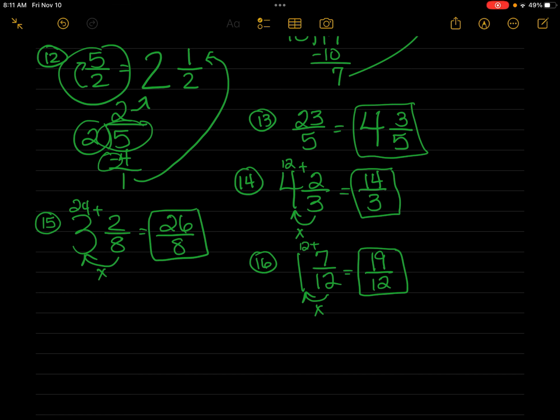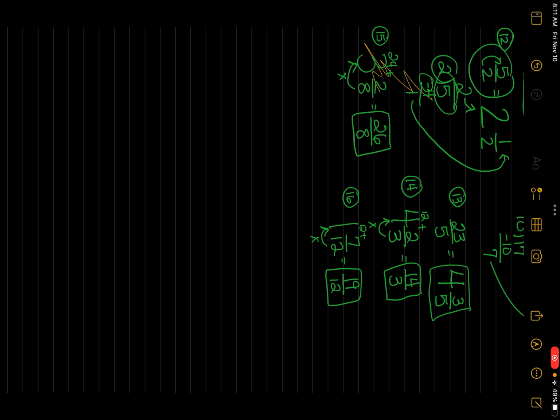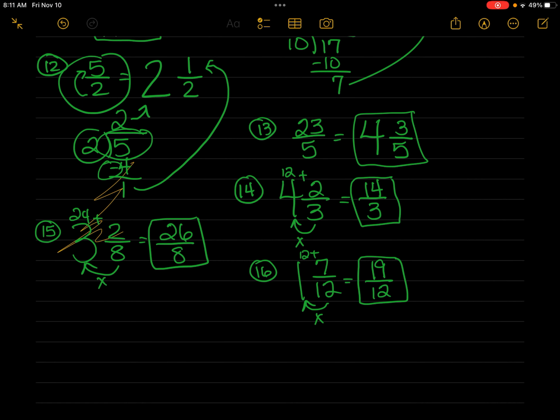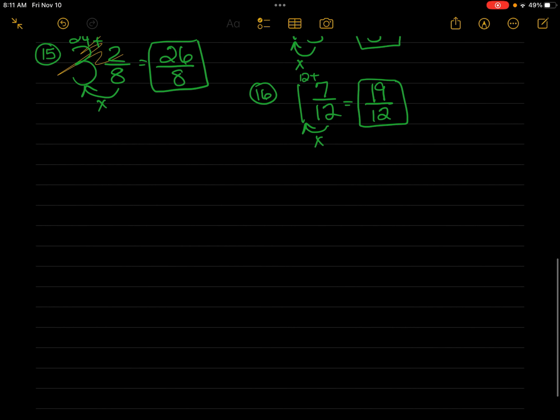Okay, 17 through 19 is asking you to find the GCF of different numbers. We have been doing factor trees for this. Well, in this one, they actually give you what the factor trees would give to the problem.